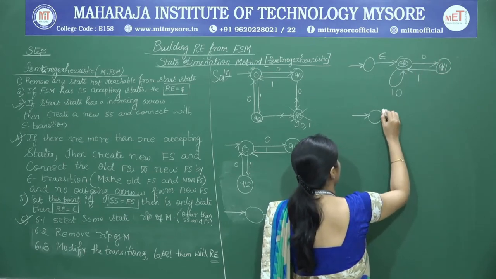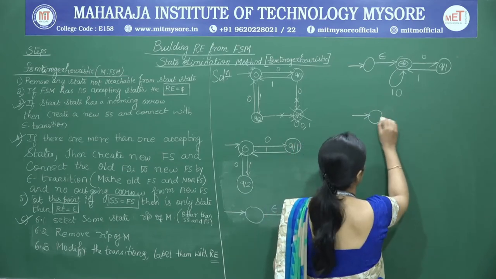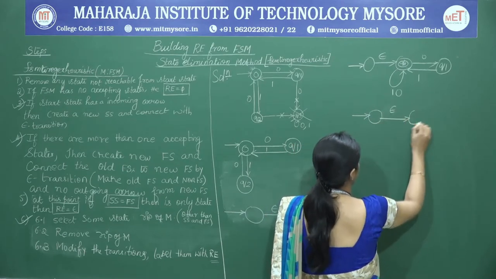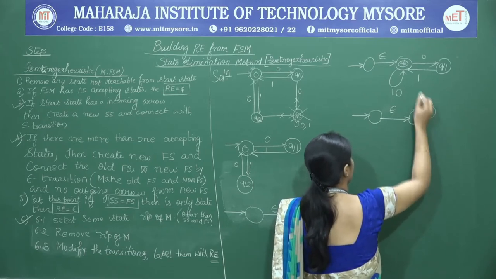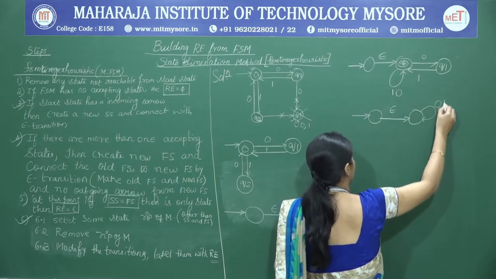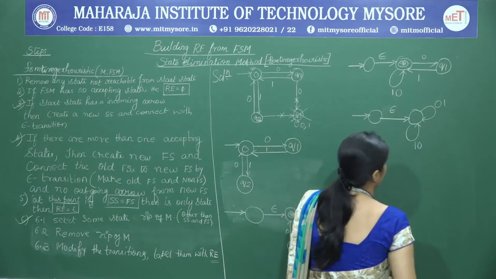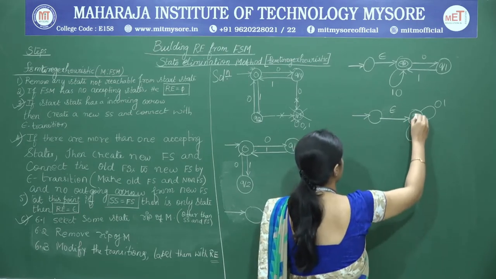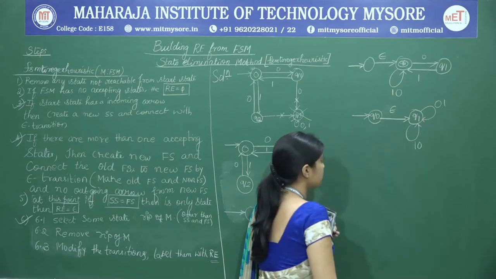So therefore it is a loop, rather than a state. So here we can write a loop, and on the loop we are going to write 0, 1. So this is 0 and 1. And 1, 0, which was there earlier, will remain as it is. So this is Q0 and this is Q1.